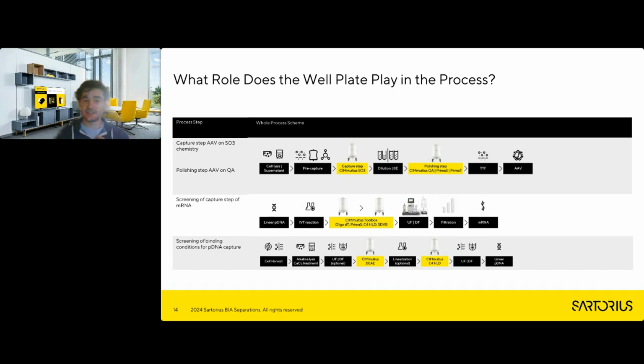We can screen chromatographic conditions for the purification of mRNA. We can use oligo-dT chemistry for the mRNA capture step, and then a polishing step on the SDVB. The same applies for pDNA applications. We capture the pDNA on the DEAE chemistry and then polish it on the butyl chemistry.